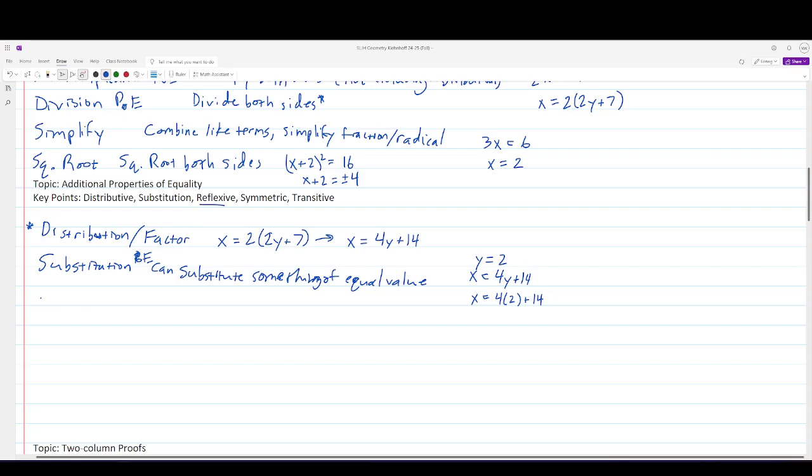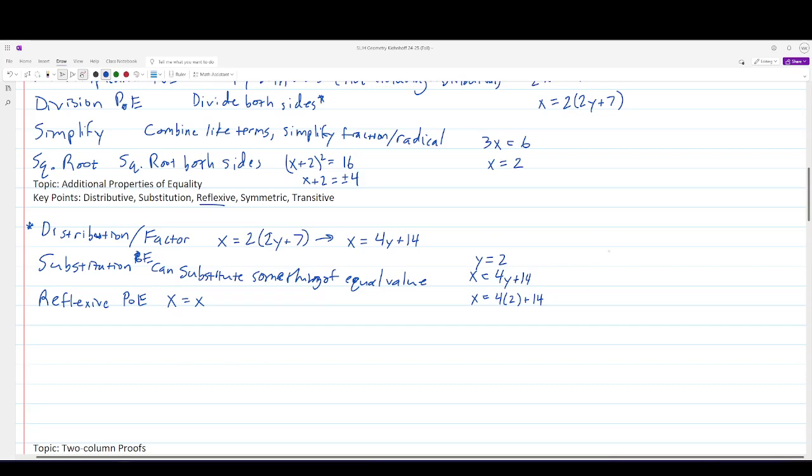Reflexive is one that at first glance seems very useless. So it's reflexive property of equality because it does rely on having an equal sign. And it says that x is equal to x. Whatever the thing is, it's equal to itself. And within the realm of algebra, this is completely meaningless and pointless and hard to see why we have it.